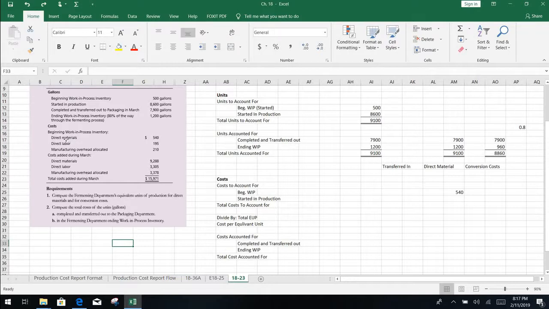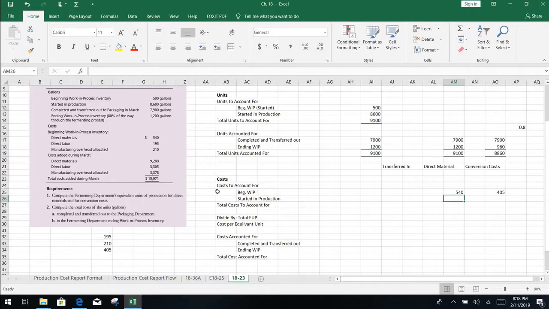I'm reading the wrong line. Direct materials 540. Now direct labor, manufacturing overhead, that's 195. Let me just do a little calculation. And 210. And auto sum those. And that's 405. So our conversion costs are 405. Okay. And that's the beginning.